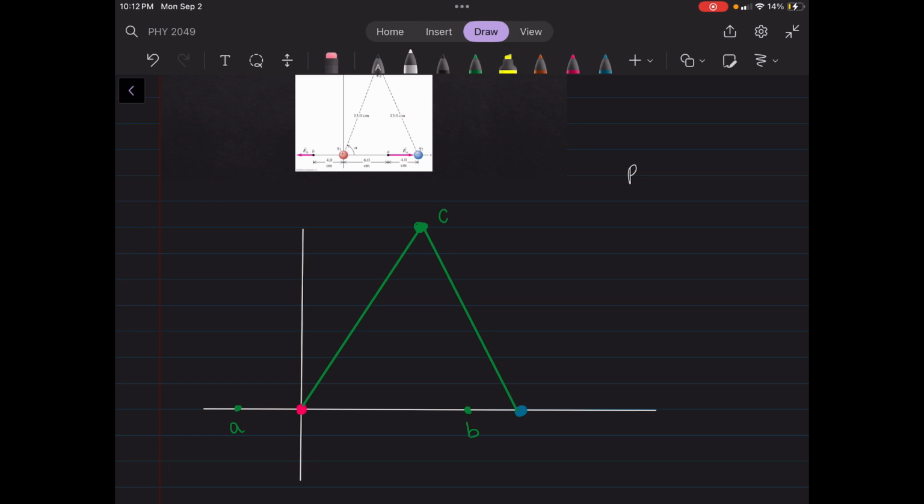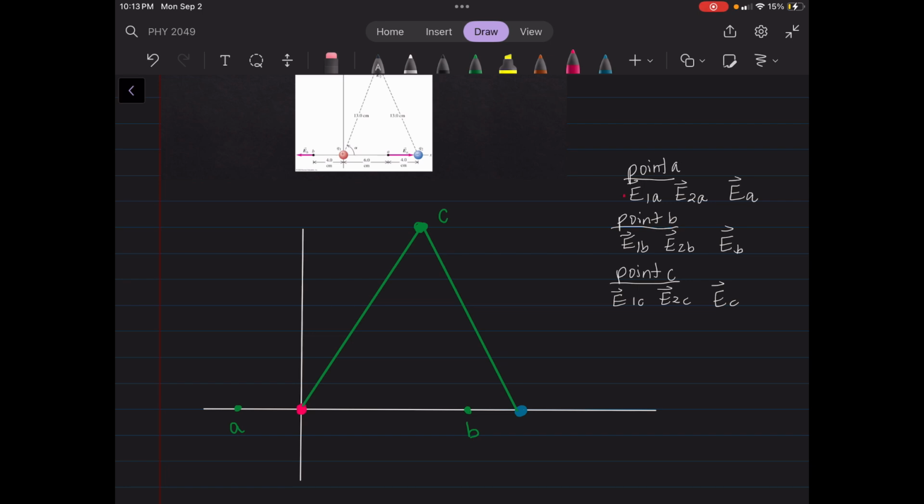At point A, we need the E field due to Q1 at point A. We need the E field due to Q2 at point A. And then we need the total E field at A. We need to do the same things for point B, and point C. That'll help keep things organized.